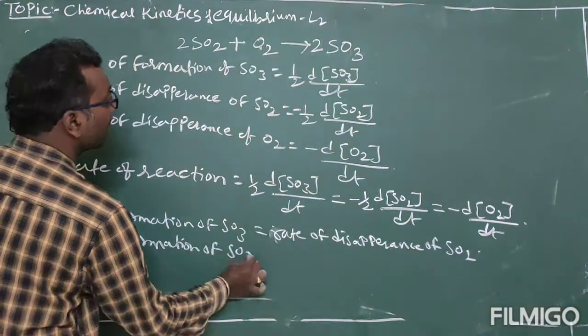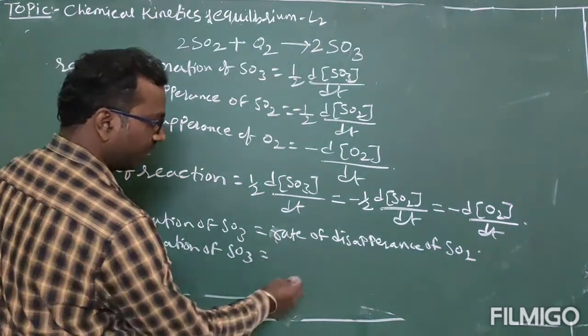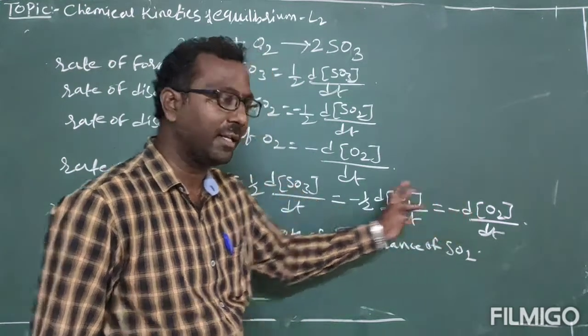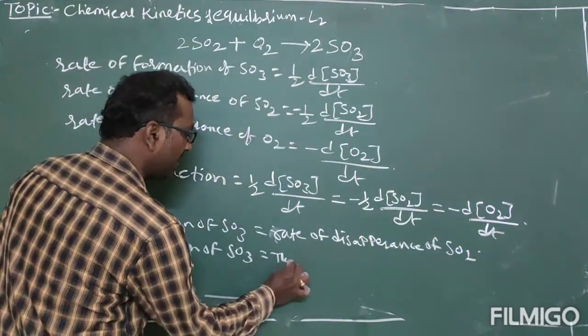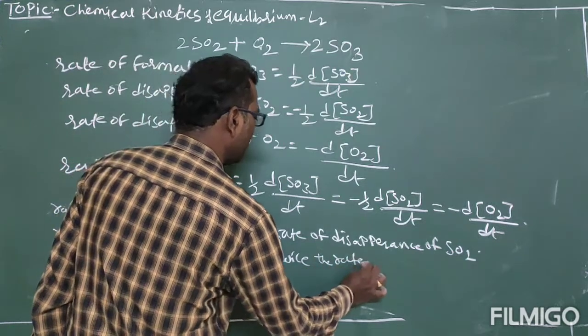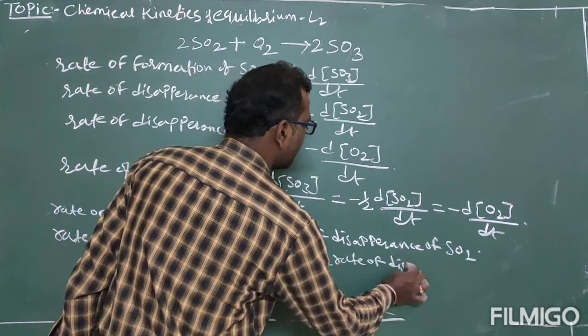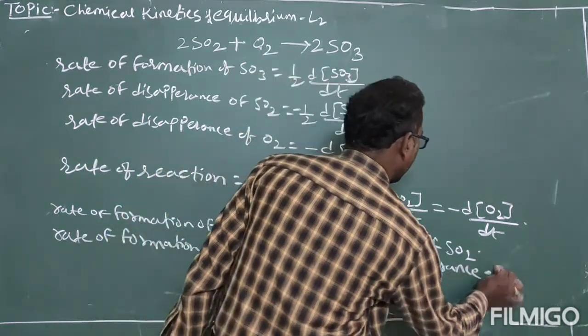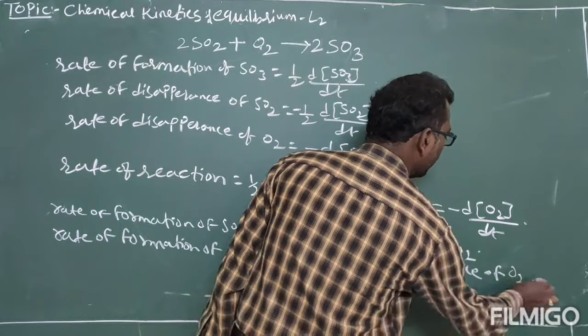Next one I can write, rate of formation of SO3 equal to, now this relation, when you bring this to this side, it will be twice the rate of disappearance of O2.